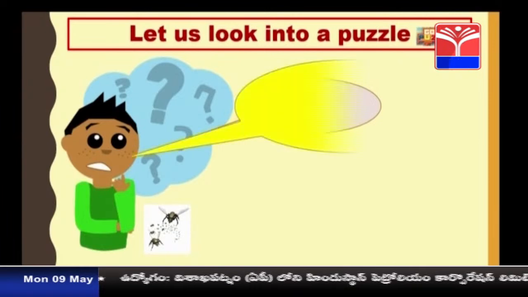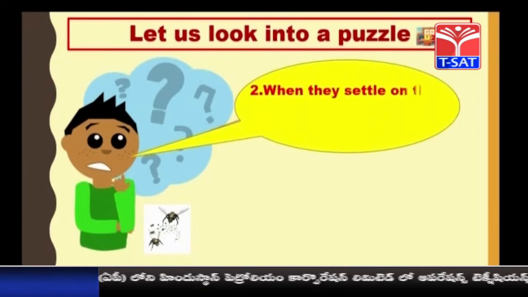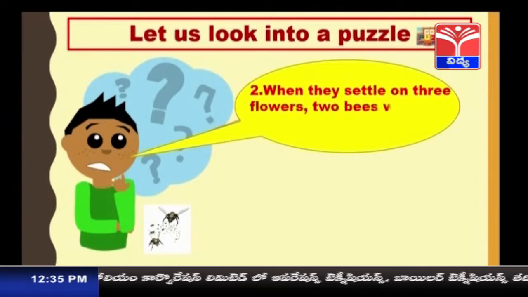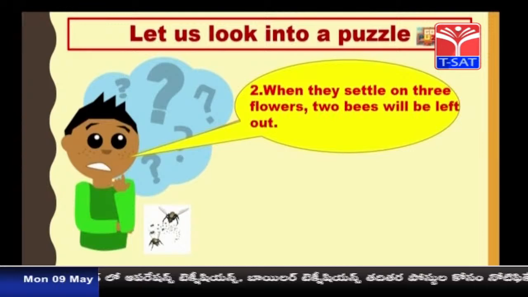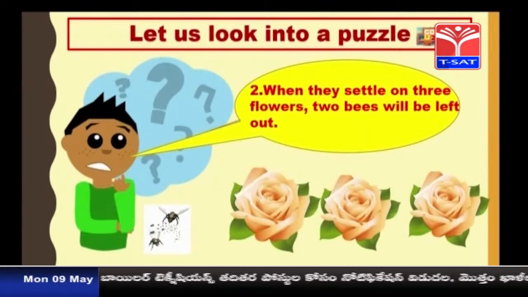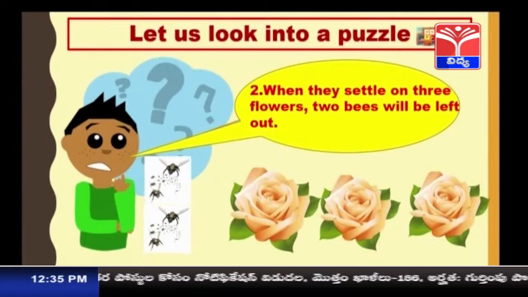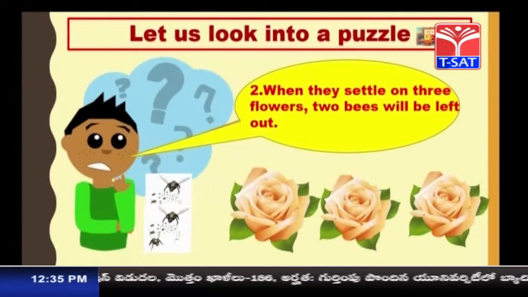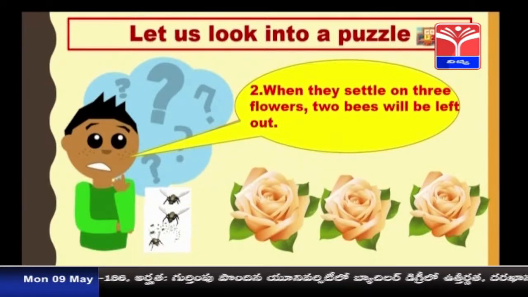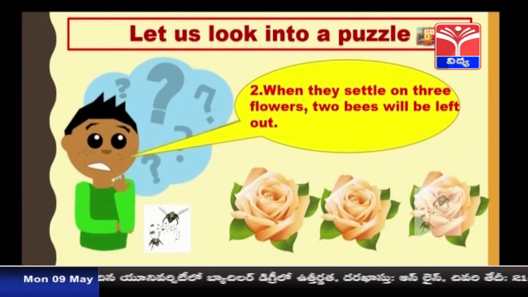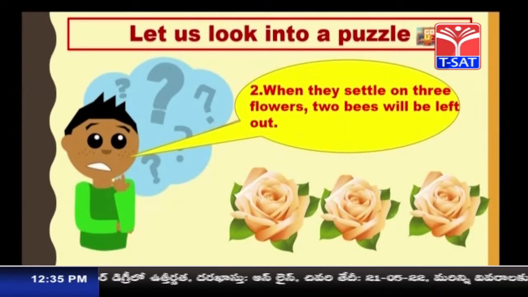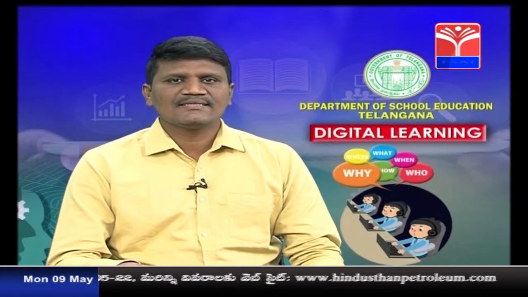When they settle on three flowers, two bees will be left out. Three flowers and an equal number of bees settle on the first flower, second flower and third flower, then only two bees are left out.